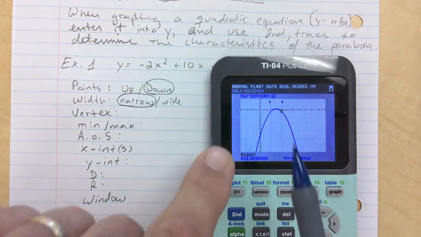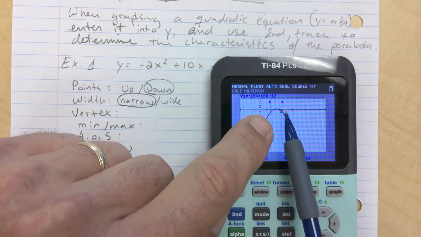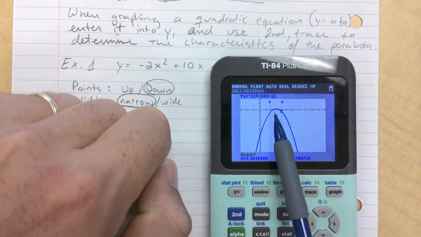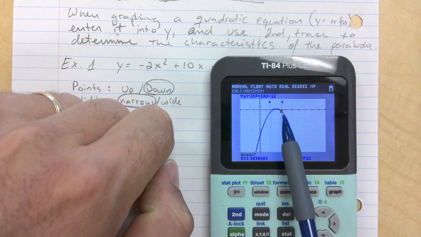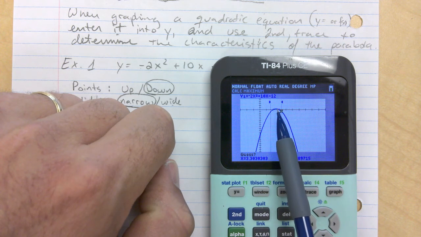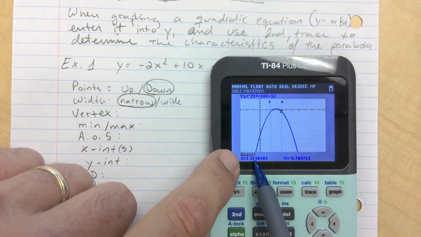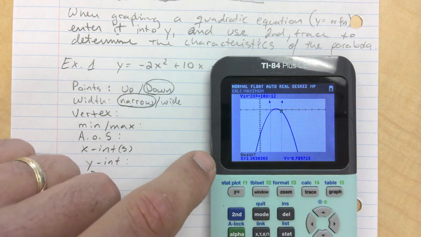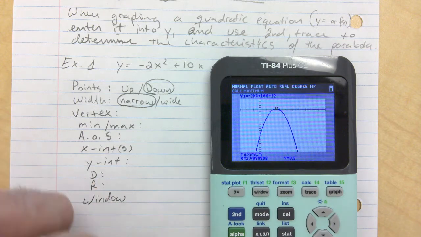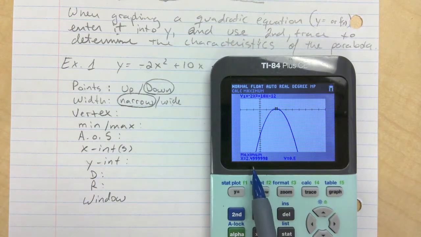And notice you will see two lines like this. So you've told the calculator that the vertex is somewhere in between those two lines. And it's going to find it for you. So whenever it says guess, remember, you just hit enter. And there it is. It says that the maximum is at 2.499 and something. So we'll round it to 2.50.